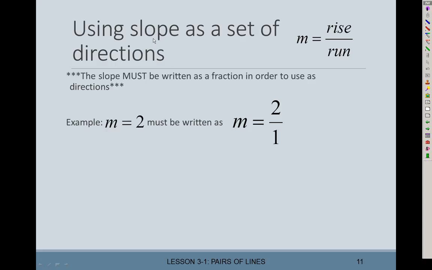Now when you're using the slope as a set of directions and you need to know which way to go, you should really change any integer slopes into fractions. Just put it over 1. And now you can see that you would rise 2 and run 1. That helps if you're plotting the points on a graph.